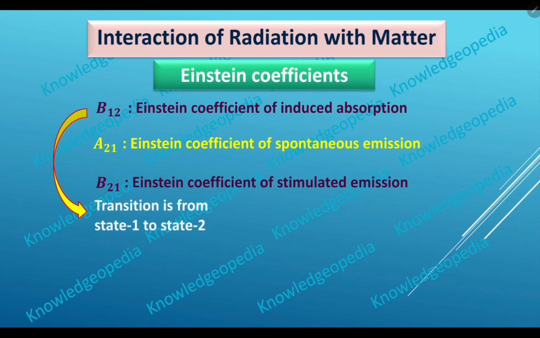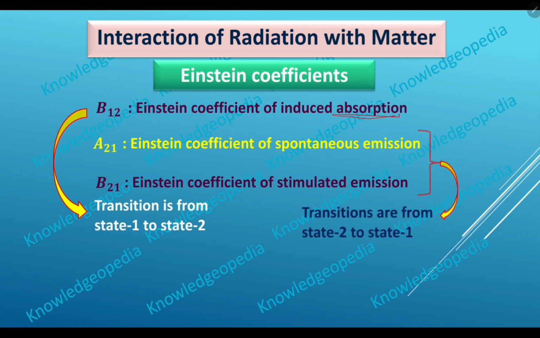First, B12. If you see, this transition is from state 1 to state 2 because this is an absorption. In case of absorption, the transition is from state 1 to state 2, right? So it is written 1 2.